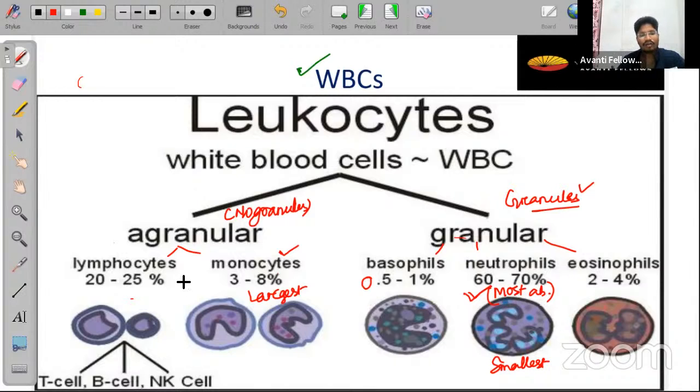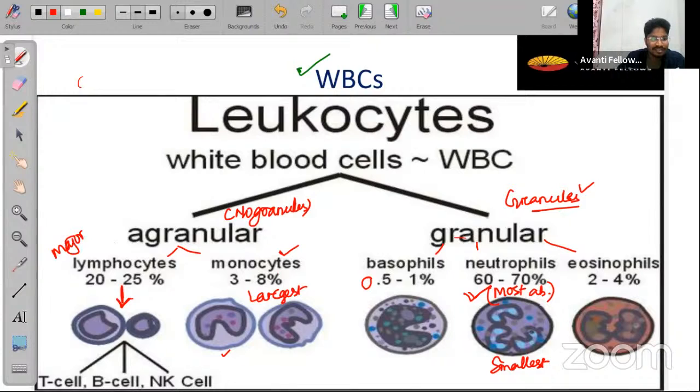And now coming back to the lymphocytes, because whenever you are talking about leukocytes, under WBC all these cells, monocytes, basophils, neutrophils, eosinophils, will be working in immunity. But lymphocytes play a very major role.